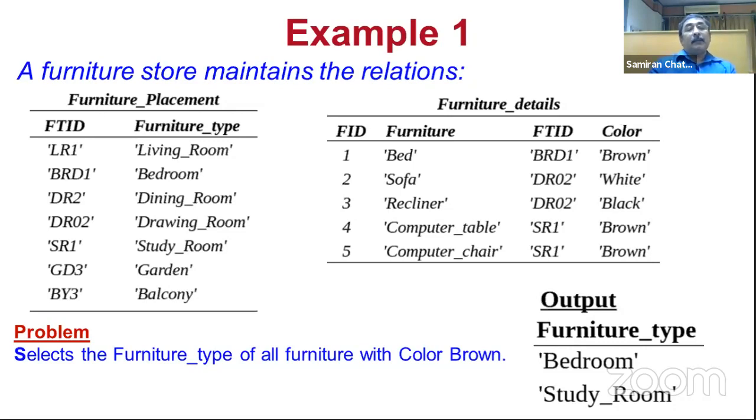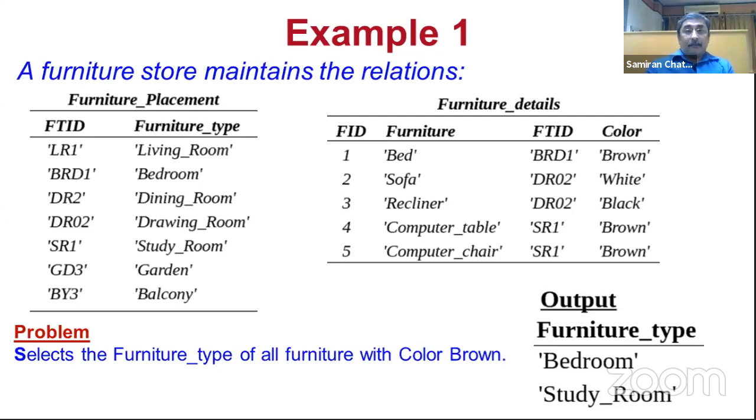The left table says if the ID is DR02, it fits in a drawing room. If the ID is SR1, it fits in a study room. If the ID is GD3, it fits in a garden. And in the right table, it says if it is a computer table, it is SR1. If it is a computer chair, it is SR1. So this information is given to me in the right table.